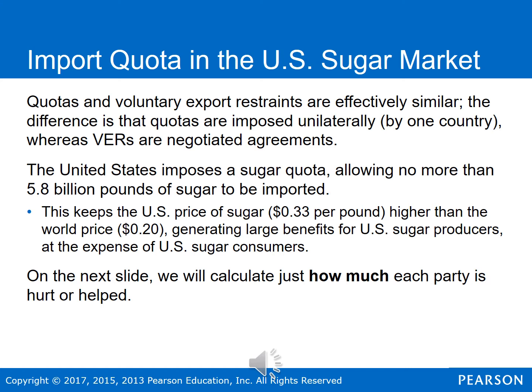This generates large benefits for U.S. sugar producers, who are made a lot better off because of the decreased competition in the global markets. And this comes at the expense of U.S. sugar consumers, who have to pay higher prices for sugar than they would if there was free trade. Beginning in the next slide, we'll calculate just how much each party, consumers and sugar producers, is hurt or helped.